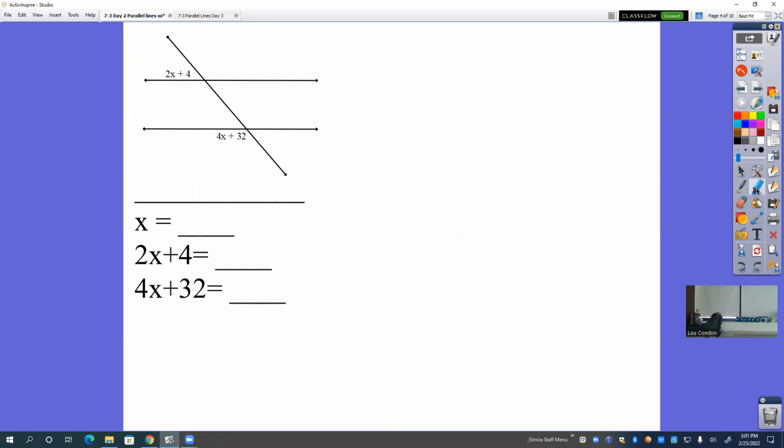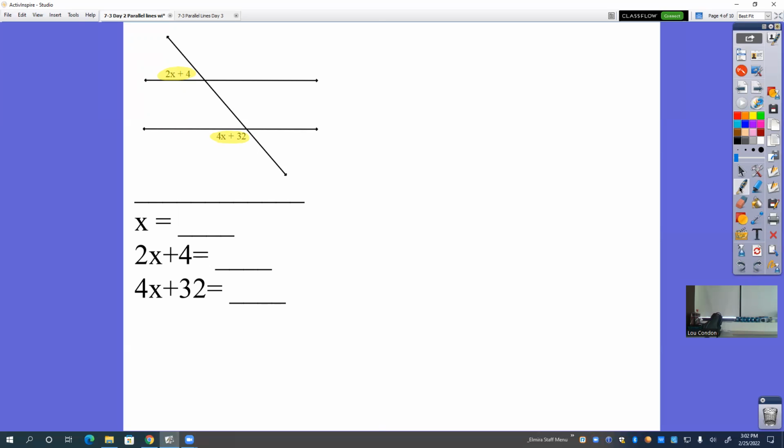Okay, the next example. So now we have an angle in the top left and an angle on the bottom left, on the same side of the transversal. Now, I know that we talked about angles that were on opposite sides of the transversal, but if these two angles are on the same side, then they're not equal.